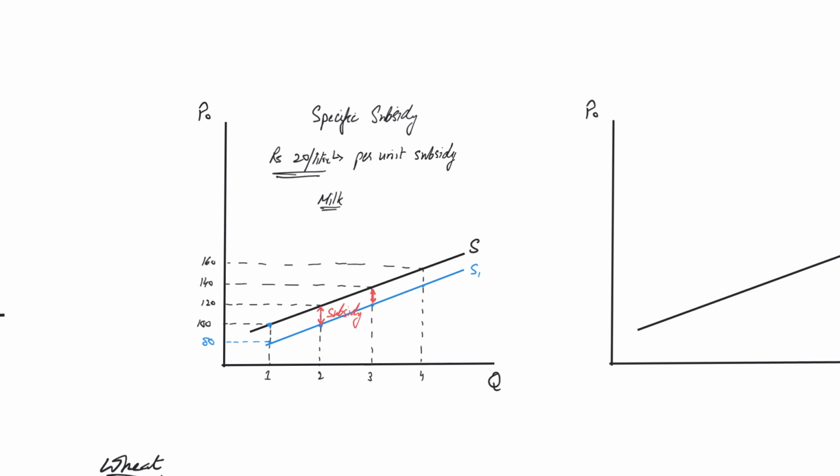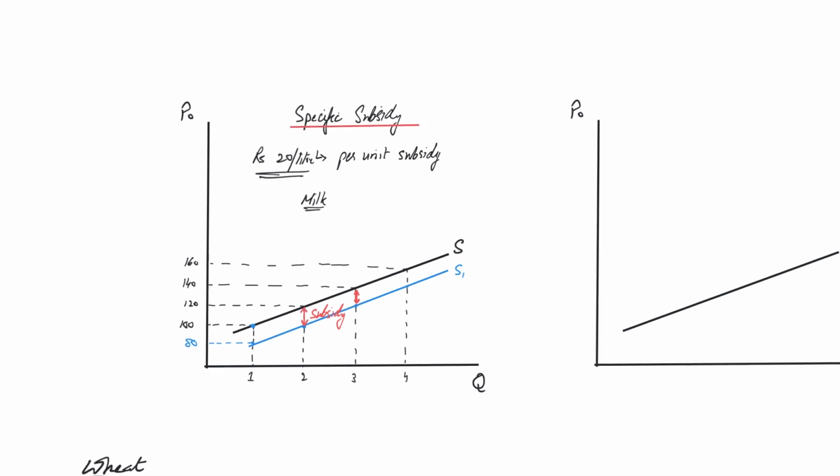So vertical distance was the indirect tax. In this case, since the cost is falling by 20 rupees for every unit, the subsidy is shifting the supply curve downwards or to the right. Vertical distance is the subsidy rate. This is our specific subsidy method.